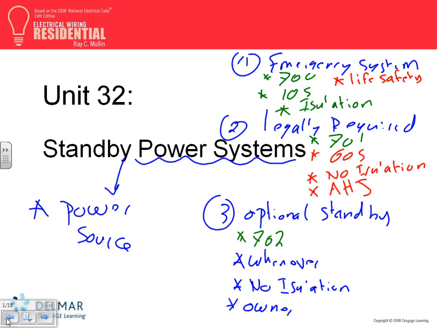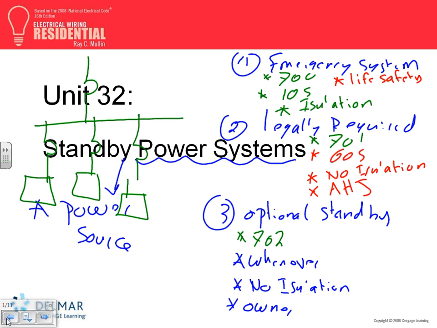I can have one generator that can feed all these systems together. So let me just draw a power system. Here's a generator. Here's one load, another load, a third load. Imagine a transfer switch coming in from here, another transfer switch, a third transfer switch.